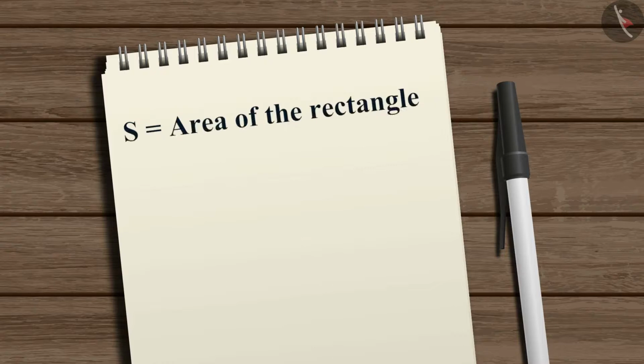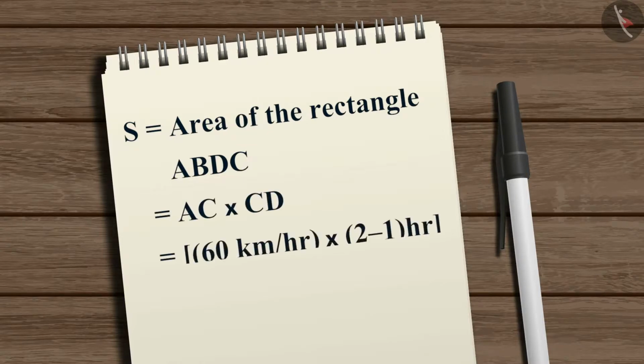So, the distance moved by the car in the time interval can be calculated as S is equal to area of the rectangle ABDC, which is equal to AC multiplied by CD, which is equal to 60 km per hour multiplied by 2 minus 1 hour, which is equal to 60 km.